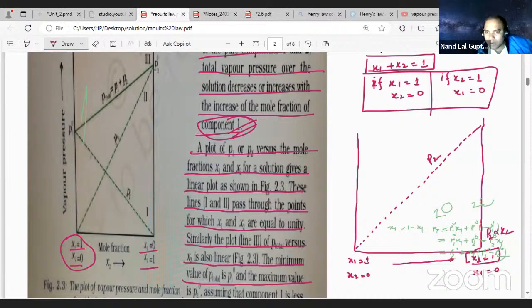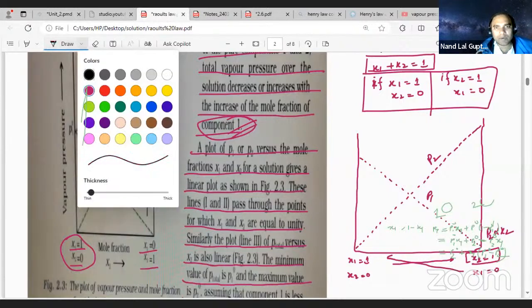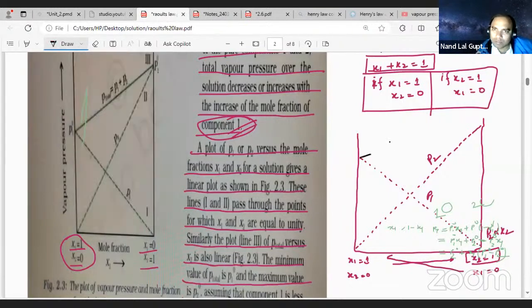Now, if you talk about x1, as this side x1 is increasing, the vapor pressure of component one is increasing. So this is going to be P1. Now they are saying you add these two, so P total is equal to P1 plus P2.